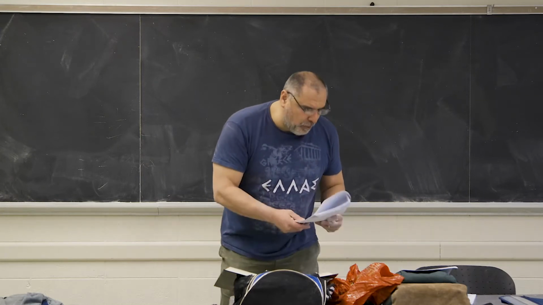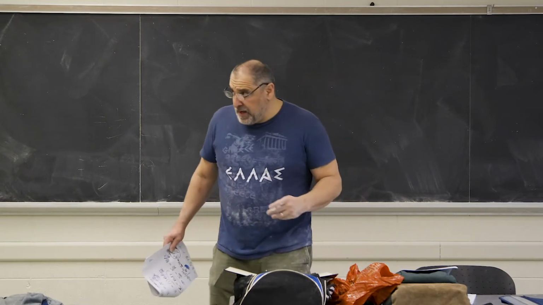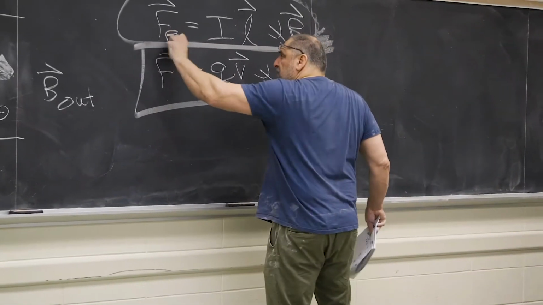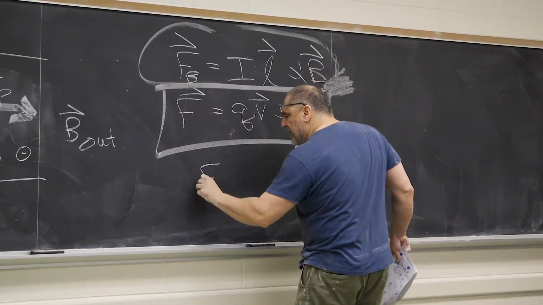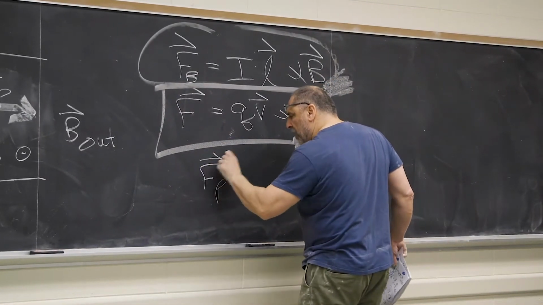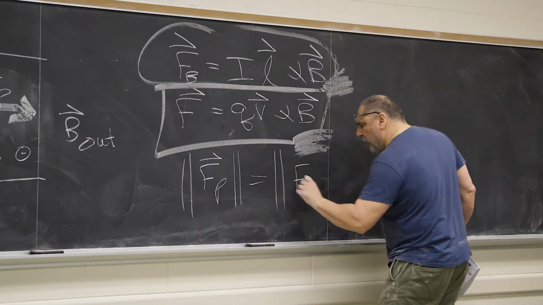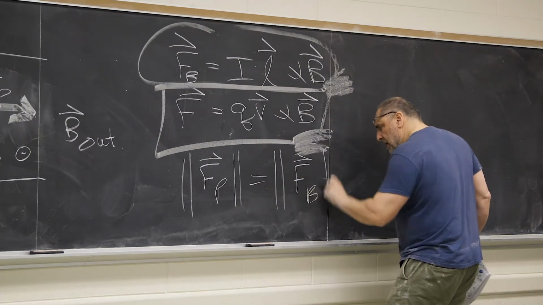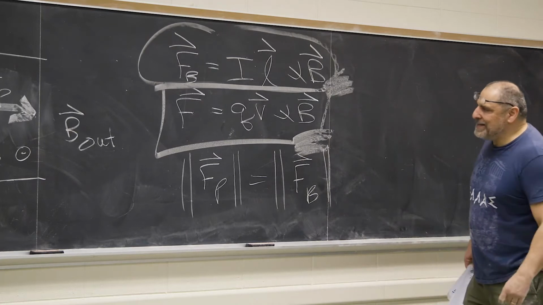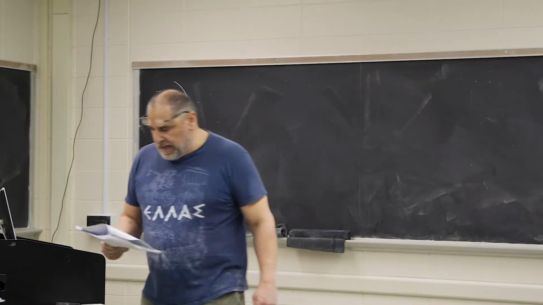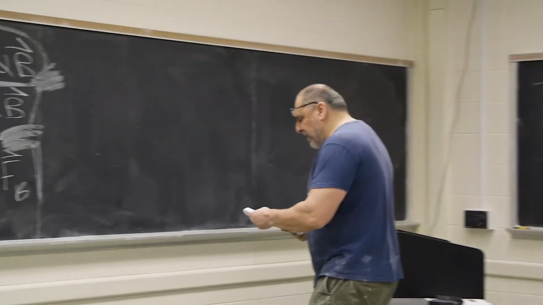Well, the applied force and the magnetic force are equal to one another in magnitude. Why is that? Because it's being pulled at a constant speed. There's no acceleration taking place, so there's no unbalanced force on this.